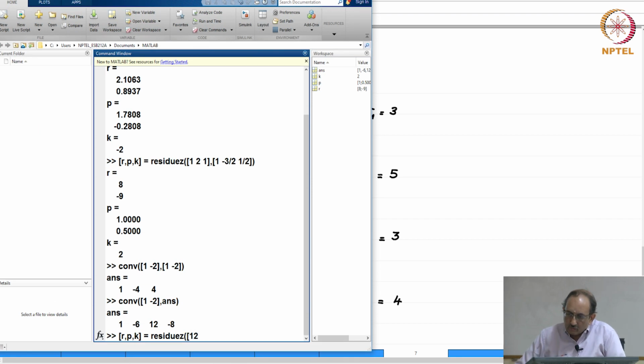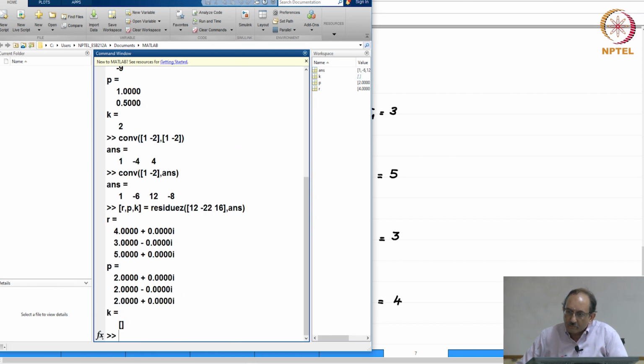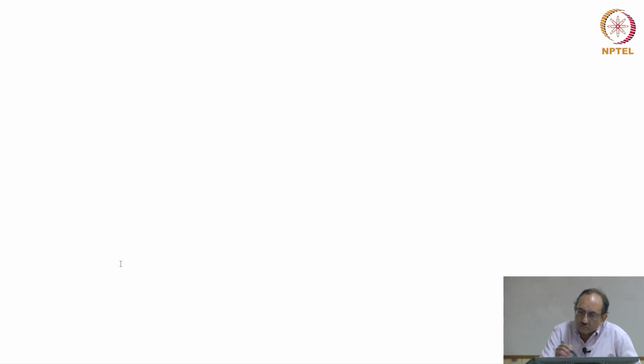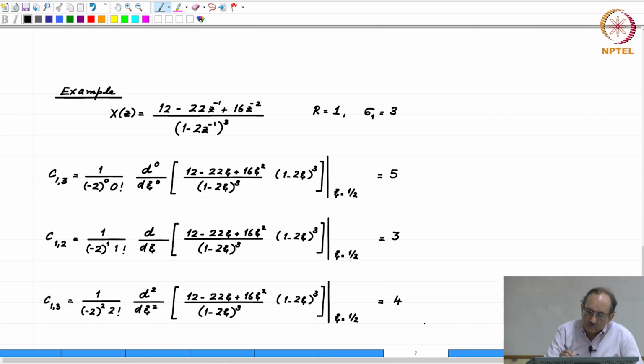So, 12 minus 22 16 and the denominator vector is 1 minus 6 12 minus 8. Since I already have that vector stored in the variable a and s, I can use that. So, now you see that the K coefficient is null because it is already in proper form. All the poles are at 2. So, you have p with 2 repeated thrice and these are the residues 4, 3 and 5, which is what we saw was happening here, okay, 5, 3 and 4.